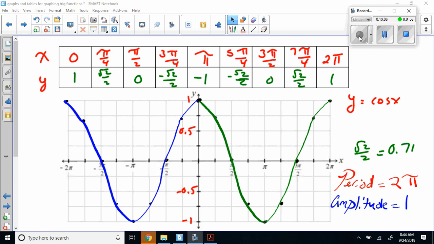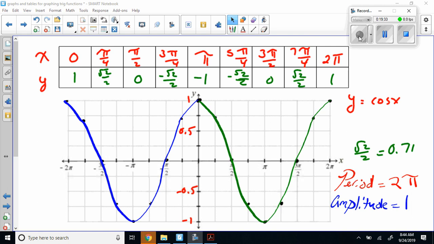So we've done sine, we've done cosine, right? What's the one we haven't done yet? Tangent. Oh, tangent. Okay, good. So what inferences can you make now that you've got sine and cosine?